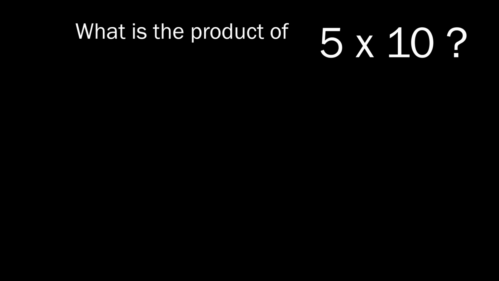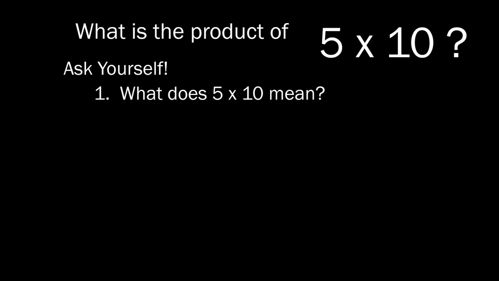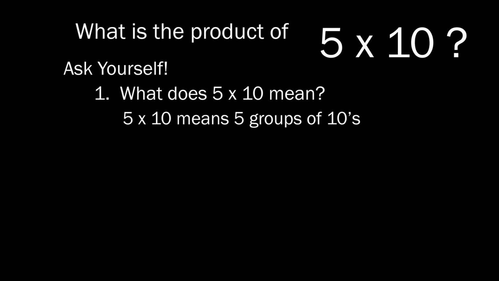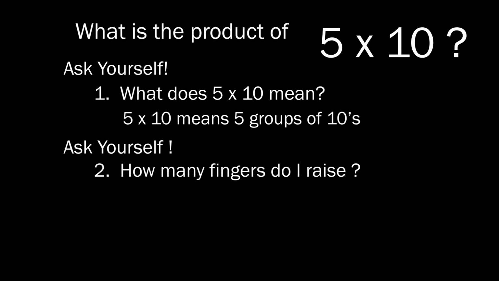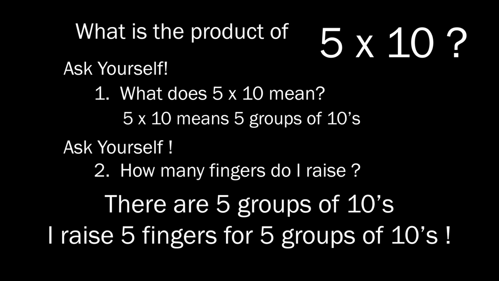What is the product of 5 times 10? What does 5 times 10 mean? 5 times 10 means 5 groups of tens. How many fingers do I raise? There are 5 groups of tens. Therefore, I raise 5 fingers for the 5 groups of tens.